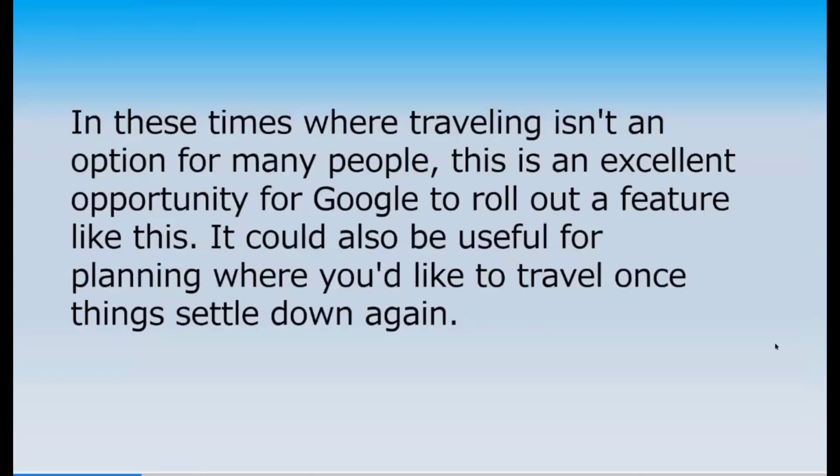In these times where traveling isn't an option for many people, this is an excellent opportunity for Google to roll out a feature like this. It could also be useful for planning where you'd like to travel once things settle down again.